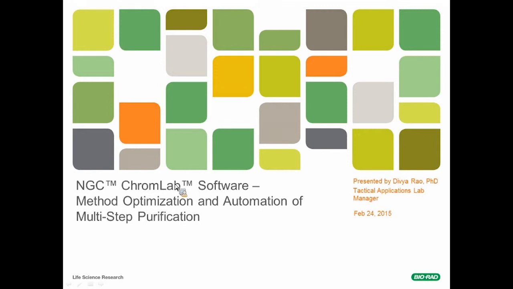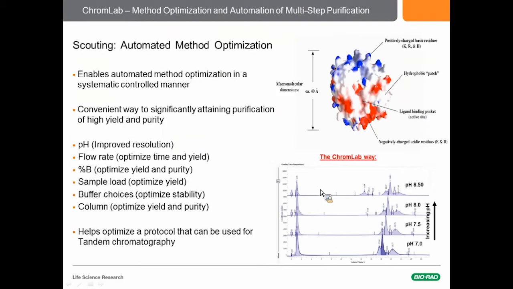Utilizing the Scouting Wizard for method optimization and 2D tandem purification techniques for automating the optimized method, one can ensure a final product with improved purity, yield, stability, resolution, and reproducibility. For today's presentation, we will be using version 3.1 of the ChromLab software. So let's begin with method optimization using the Scouting Wizard.